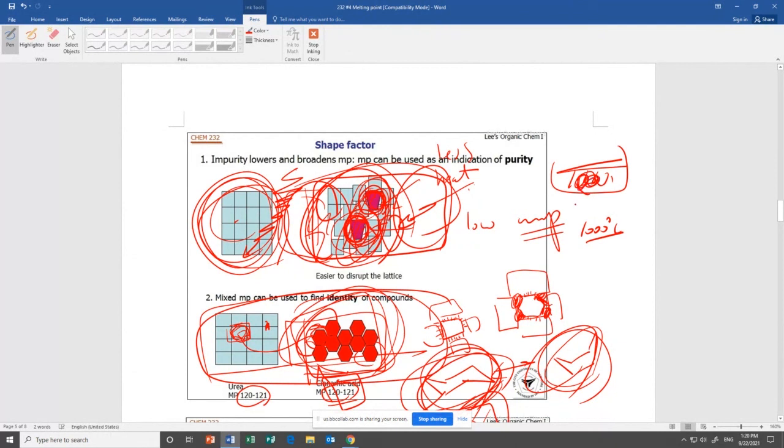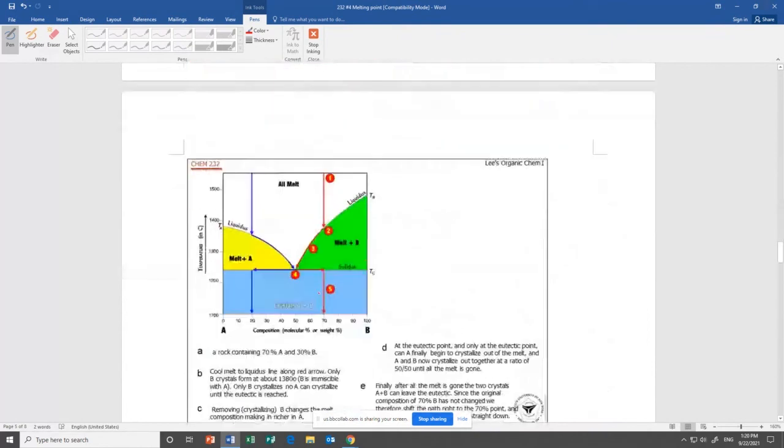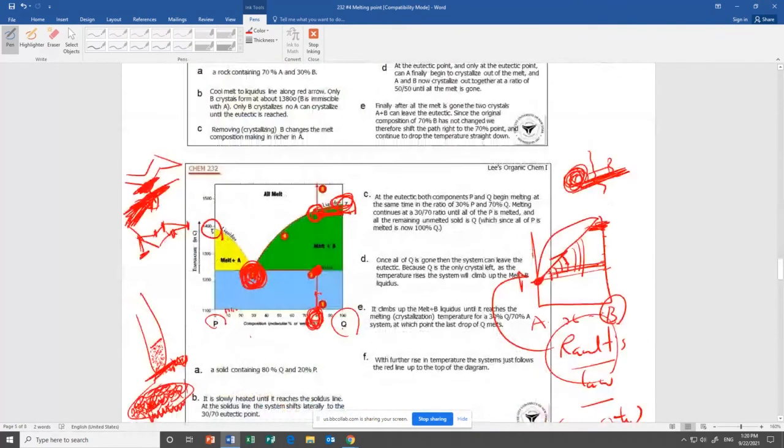You can destroy the crystal of salt at room temperature. You can dissolve salt at room temperature right into water. So the presence of a liquid will obviously affect the temperature, but because the remaining ones are pure, the melting point, even after the effect from the liquid presence, will be close to the pure Q.